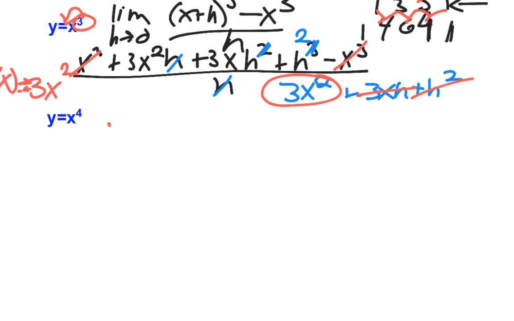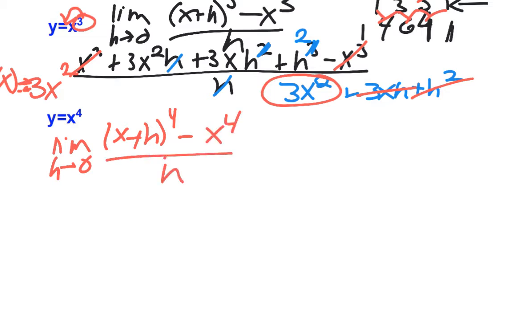So it's going to be x plus h to the fourth. It's the limit as h goes to 0, of course, minus x to the fourth, because it's f of x, all over h.